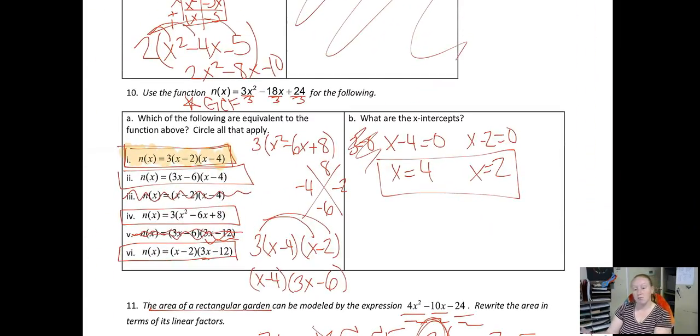If you're looking for more or extra practice, I did give you guys a couple of different sheets. I gave out this sheet of factoring trinomials.